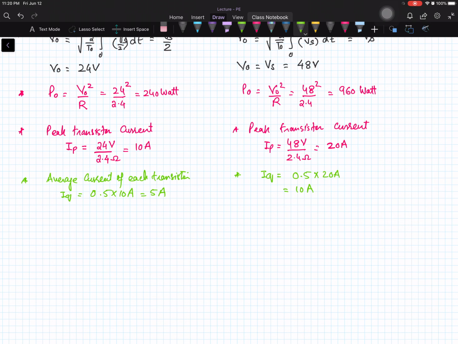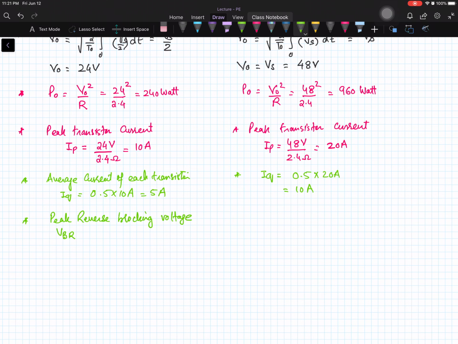Okay, now let's look at the peak reverse blocking voltage in each case. The peak reverse blocking voltage of the switch, we represent with VBR.